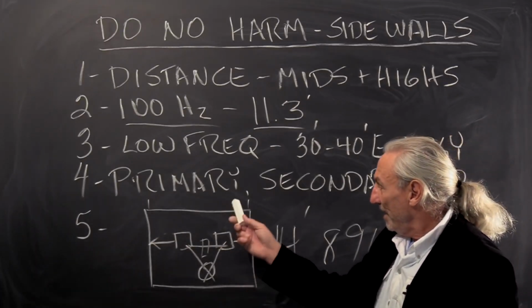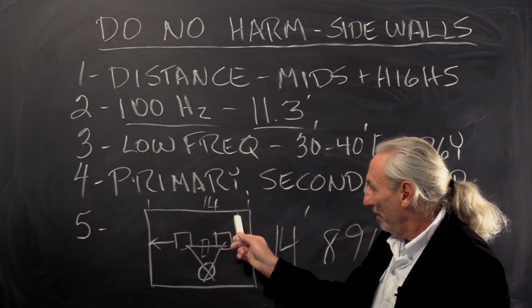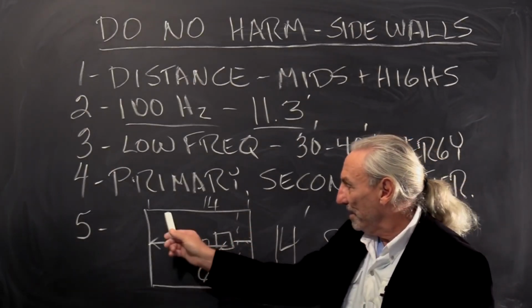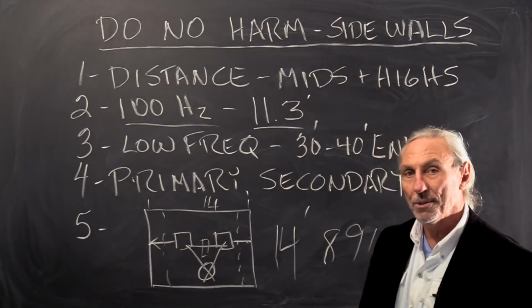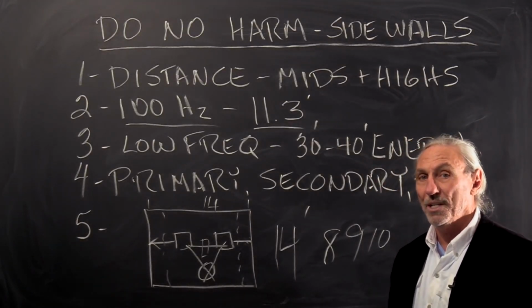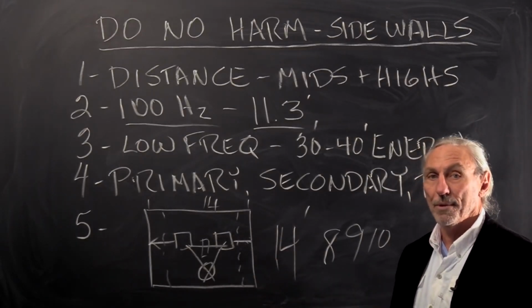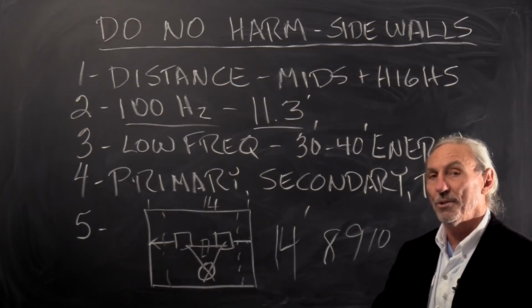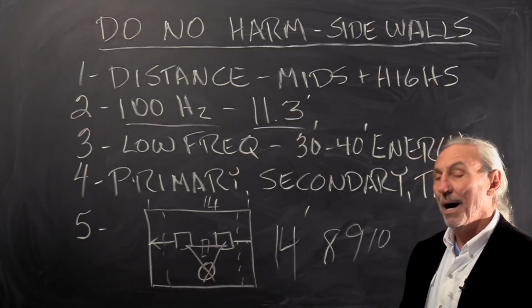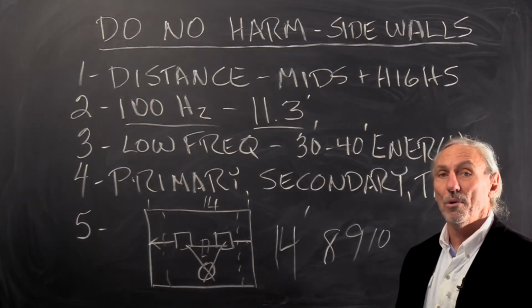So let's say in our room here that's 14 feet wide, we have a low frequency problem. So we have to treat this side wall with low frequency material. Now low frequency material can be 9, 10, 12, 14 inches thick, depending on the amplitude of the problem, depending on the usage of the room, how much pressure you're putting in the room, how much your box will hold, how much your glass of water will hold.